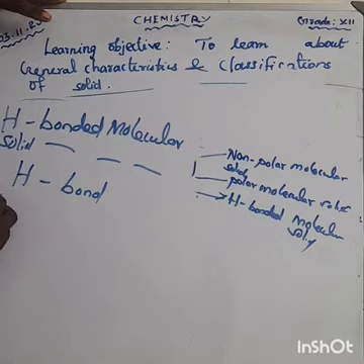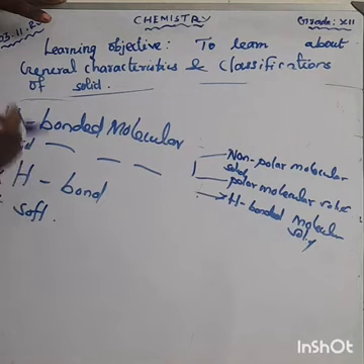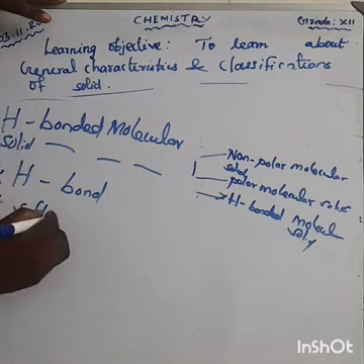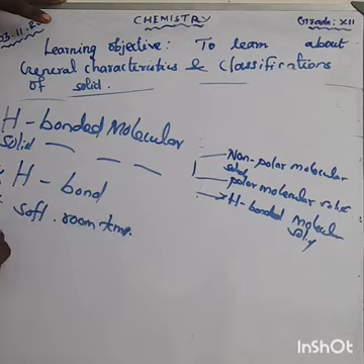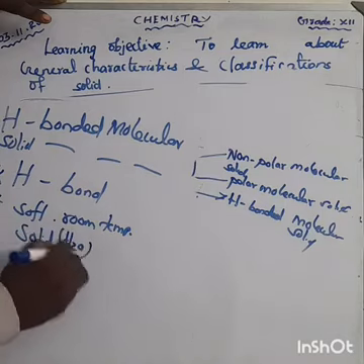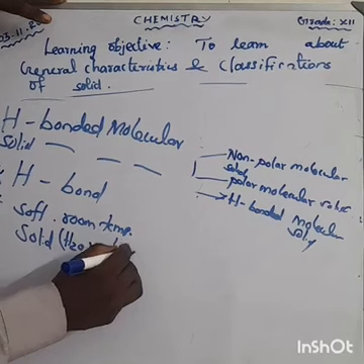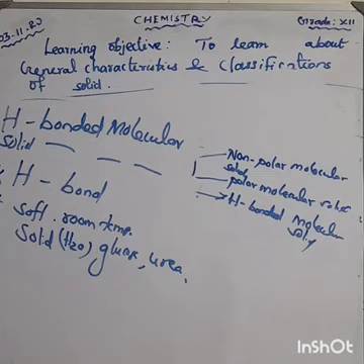They are usually soft, soft under room temperature. The examples are solid water molecules, glucose, urea. These are all the examples of hydrogen bonded molecular solid.